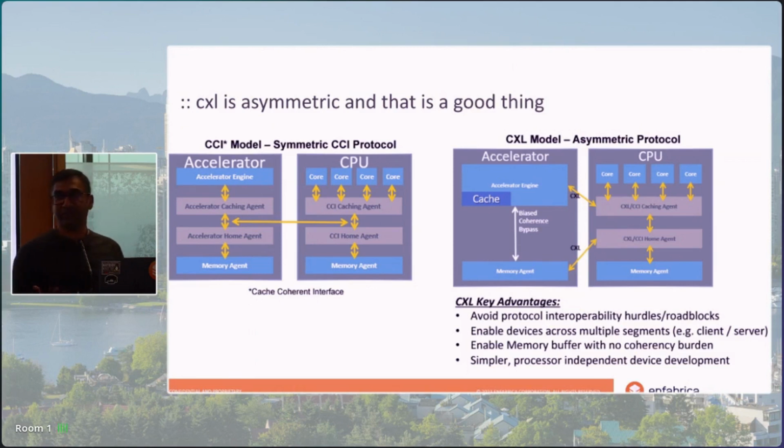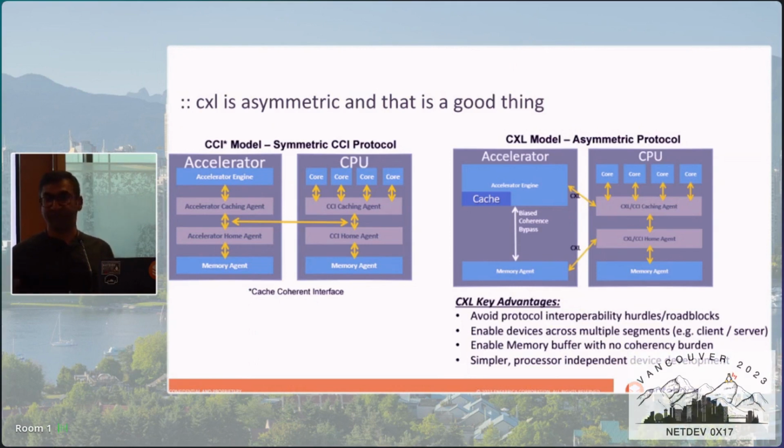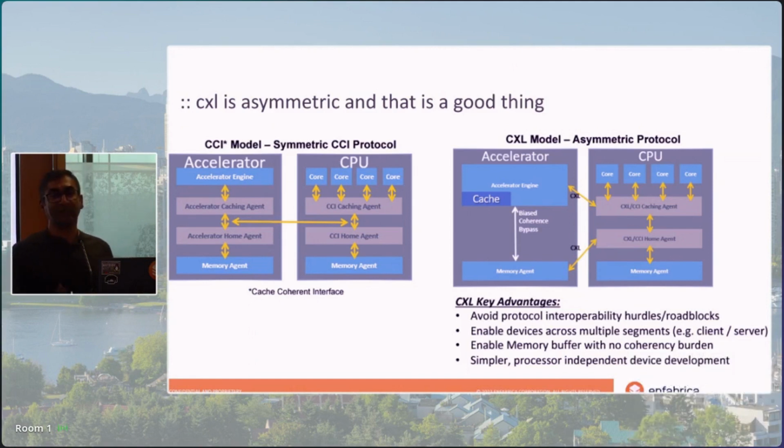The whole point is that every side can decide whether it wants to initiate a conversation, and at that point it becomes asymmetric. And what the picture is trying to show is exactly that, right? You're not saying that every time the accelerator on the left does something, the CPU on the right has to be notified, and vice versa. The asymmetric model allows the CPU, in this case, to say specifically which CXL transaction it wants to signal to the accelerator.